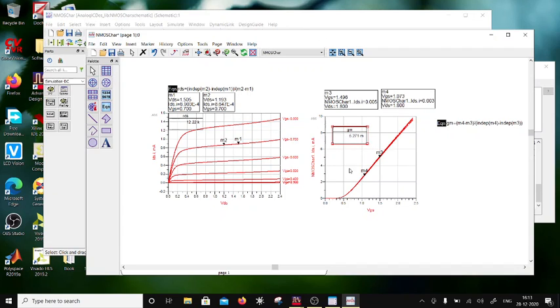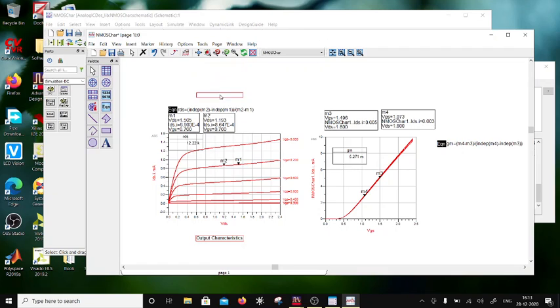So I have the output characteristics, which is over here, and I have the transfer characteristics, which is over here.